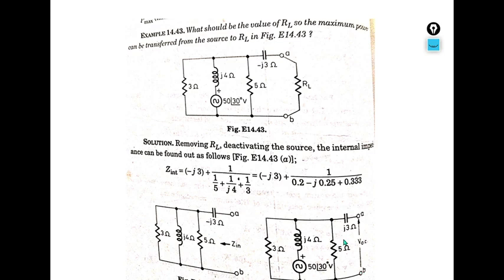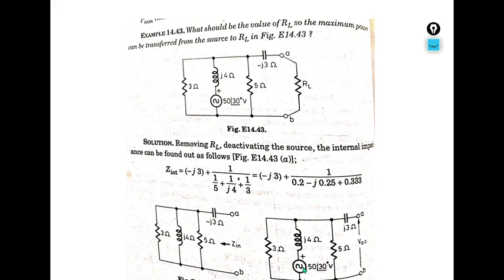How to find it? You can apply the mesh method, the nodal method, or the current division rule. For current division, you can see that these two are parallel. If we find this parallel, then this is in series, so we can find the Z equivalent.